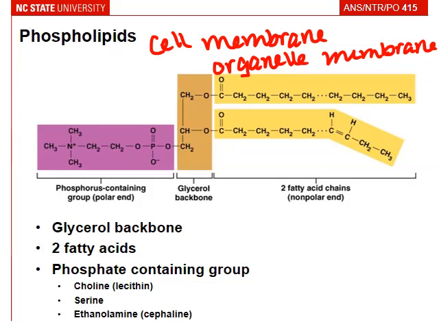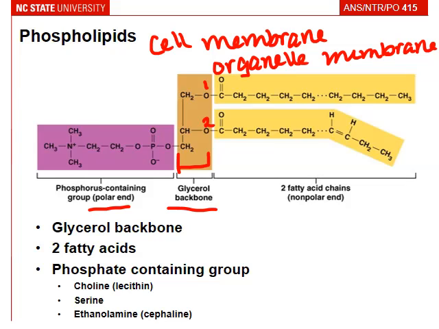So here you can see we still have this glycerol backbone right here in this dark brown. And then we have 1, 2 fatty acids conjugated to it. So you can see our ester bonds. And then the thing that's making it a phospholipid is we have a phosphorus-containing group. And this is what's making the phospholipid have a polar end. So we have a glycerol backbone, 2 fatty acids, and our phosphate-containing group.